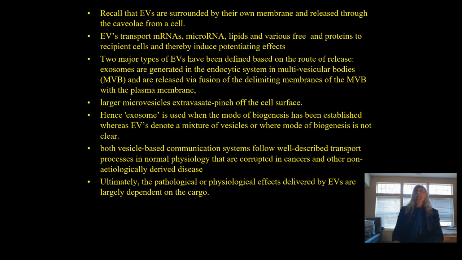Okay, so you have these exosomes that are moving through the endocytic compartment that fuse to the plasma membrane as an MVB, a multivesicular body. And when they do that, they're found in the plasma membrane and then they can leave.